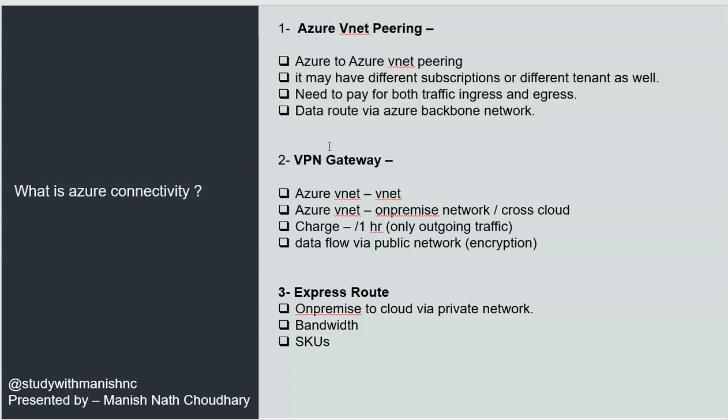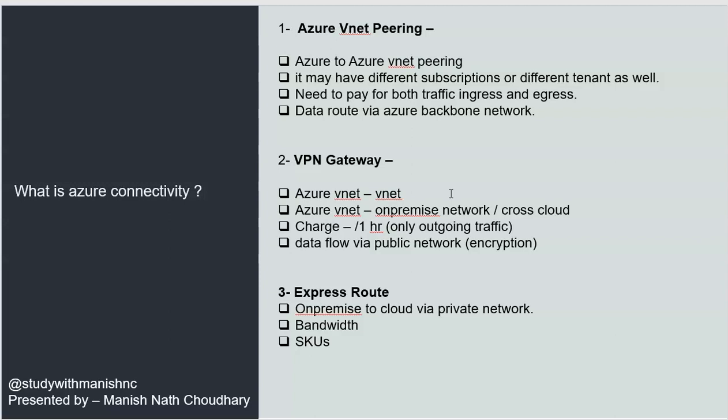So in VNet peering, the networking is using the Microsoft backbone network, which is more secure and more reliable. So VNet peering is costly, but it is secure because it is using the Microsoft Azure backbone network.